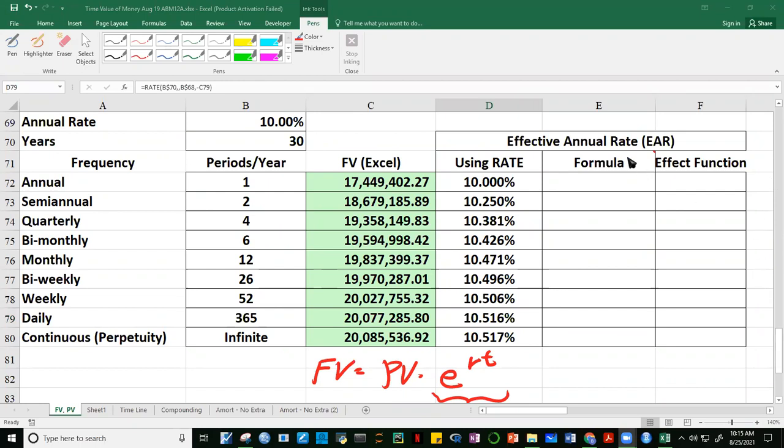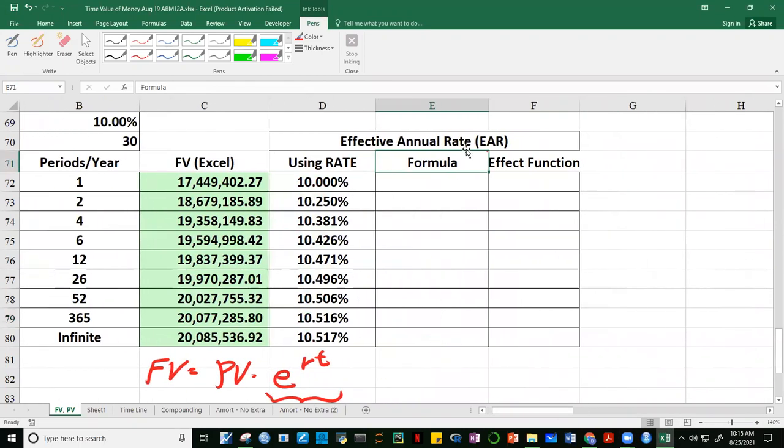All right. Now, we can use the formula. Okay, dito naglagay ako, no? So this is another way to compute for the effective annual return. So the effective annual return, ang formula niya is equal to 1 plus the nominal rate divided by the periods per year raised to the periods per year. Okay, so let me write that.